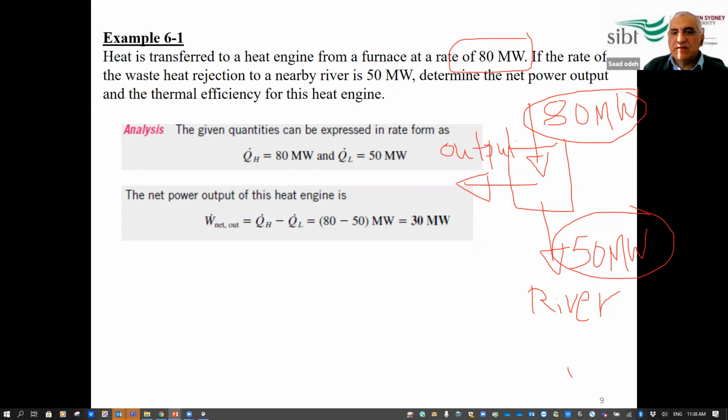So we are rejecting 50 megawatt to the river. So simply, if I say 80 minus 50, this will give us the amount of work generated from this process.